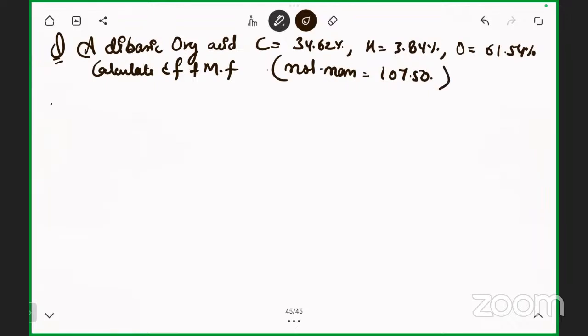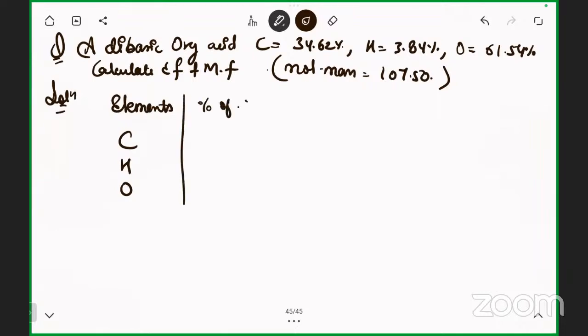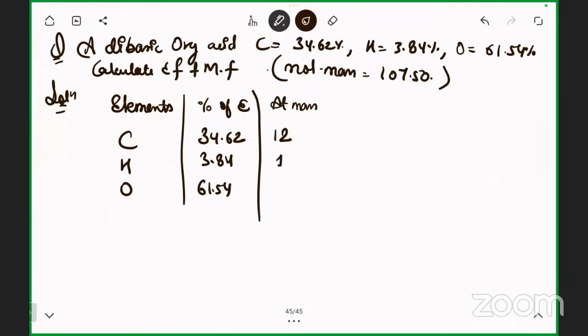So in this case, let's make a table. First you will write the elements: carbon, hydrogen and oxygen. The percentage of the elements is given: 34.62% carbon, 3.84% hydrogen, 61.54% oxygen. Then the atomic mass; if it is not given, you write carbon mass is 12, hydrogen mass is 1, oxygen mass is 16.